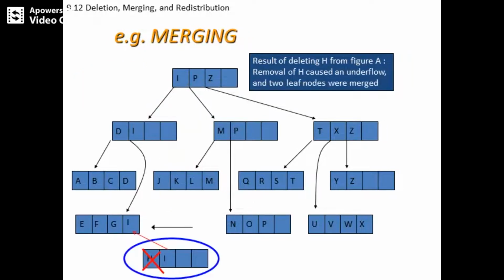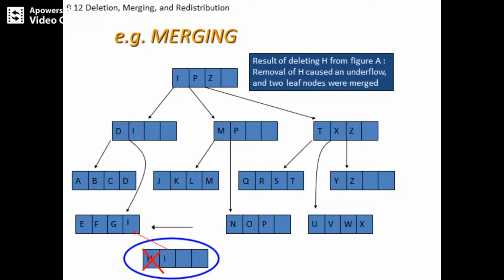Now suppose you are going to delete the character H, what will happen? You have the order of the BTree as 4. Then when you delete character H, your node will have only one character now, which we call underflow of node, because if you have order 4, your node should carry at least 2 characters, that is, at least half full.